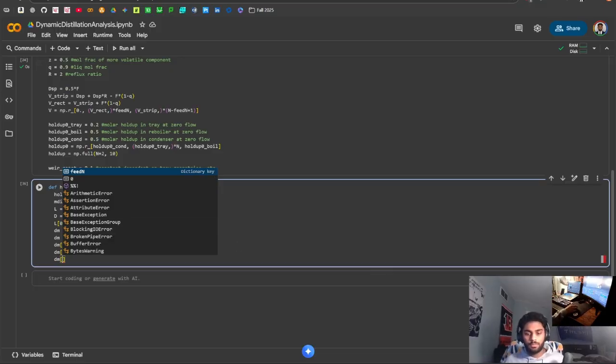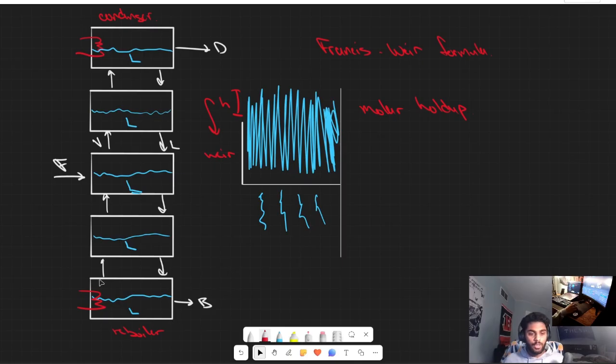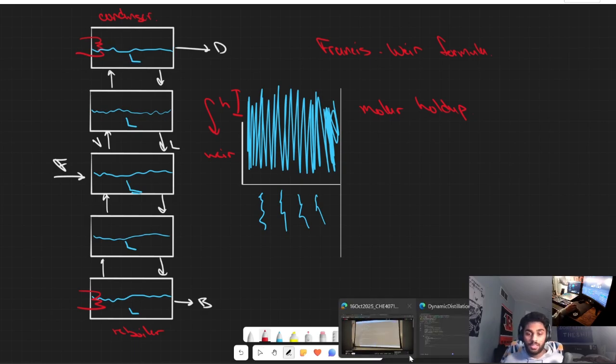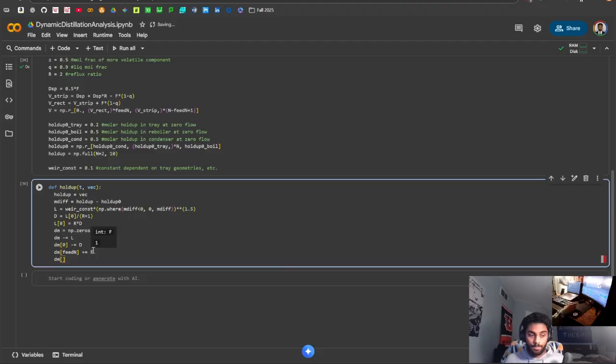The thing we have to consider is this: in our reboiler, no vapor is entering, it's only leaving. In our condenser, no vapor is leaving, it's only entering. Those are the two big things we have to consider when we are coding this out.